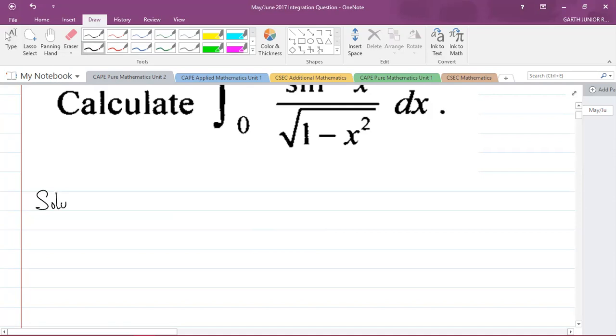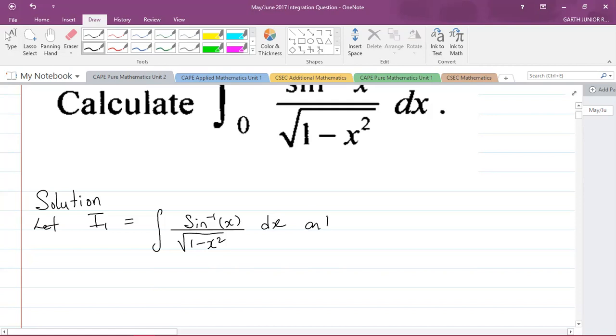Solution. So what I'm going to do is to say let I1 be equal to the integral of sine inverse x divided by the square root of 1 minus x squared dx.